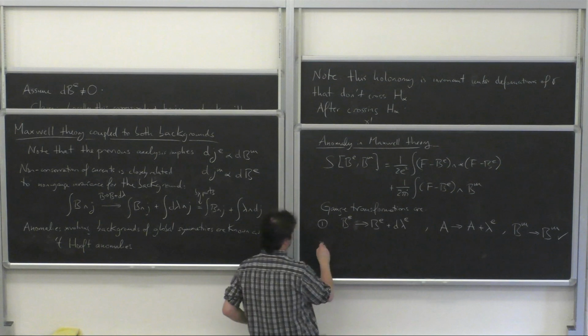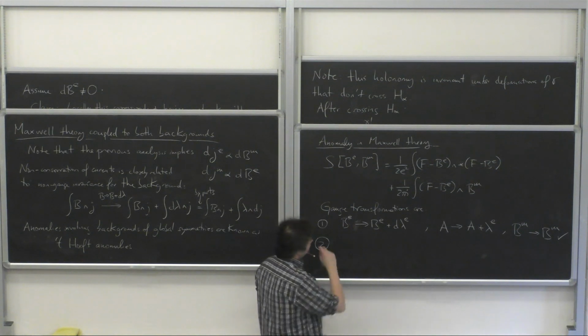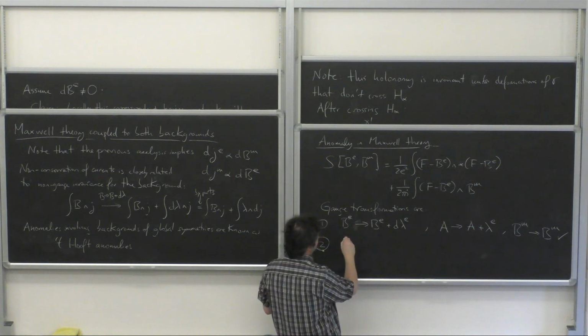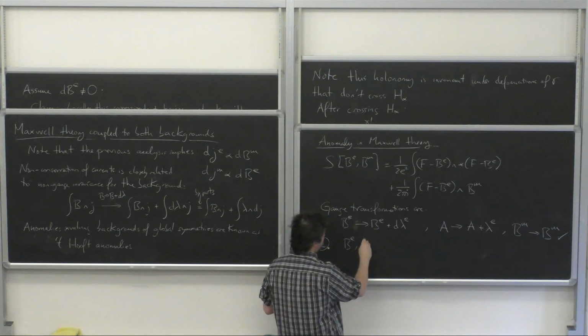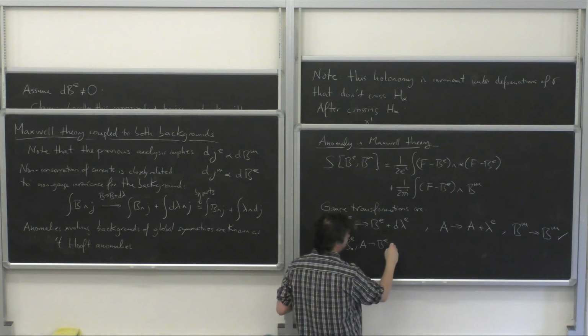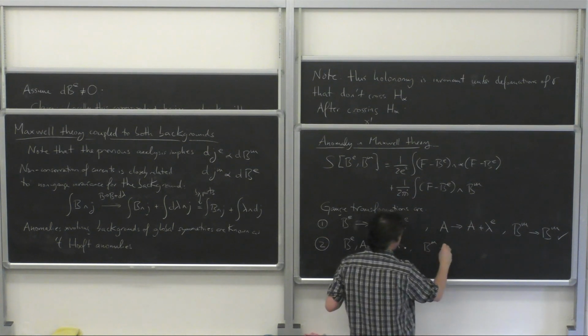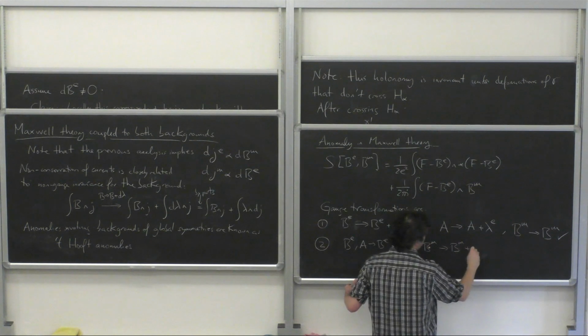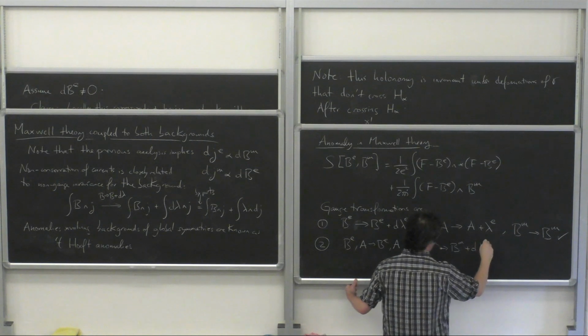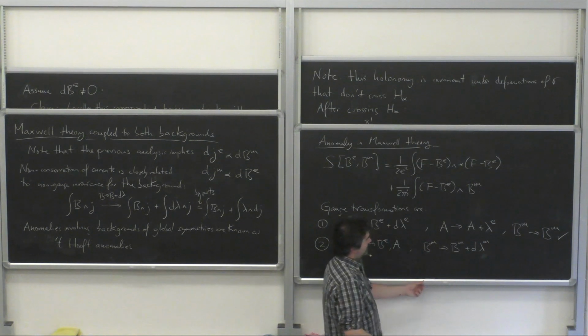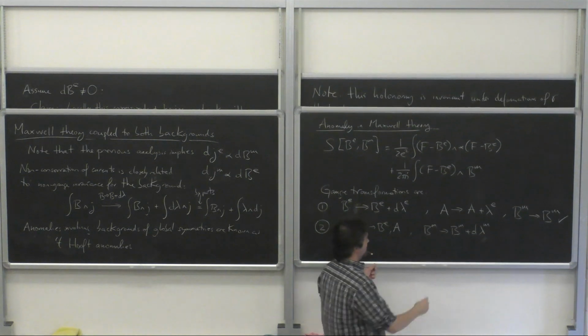Let's do two, which is Be and A go to Be and A. And then Bm goes to Bm plus d lambda M. So the theory is not anomaly free.